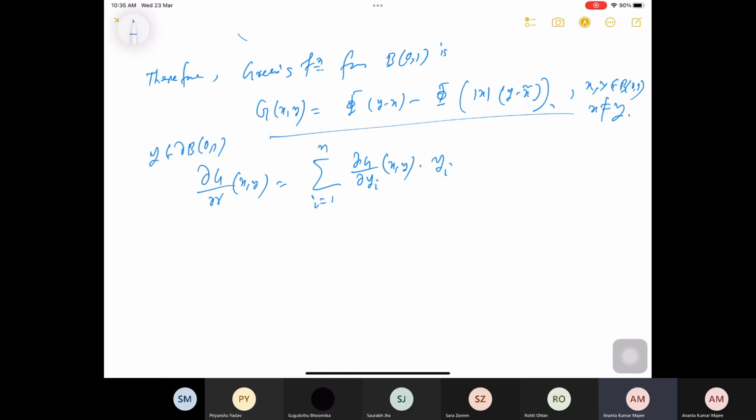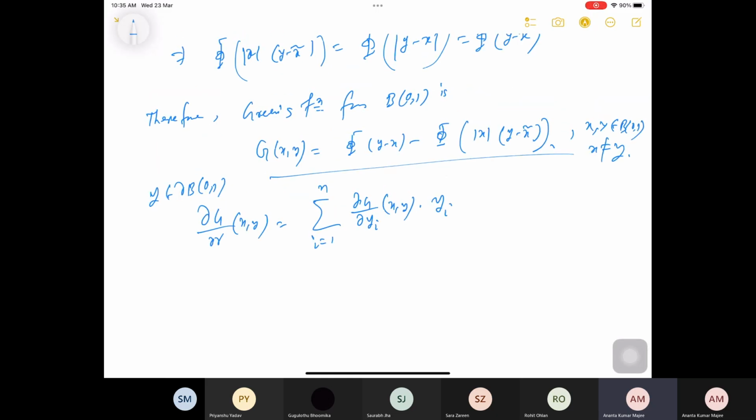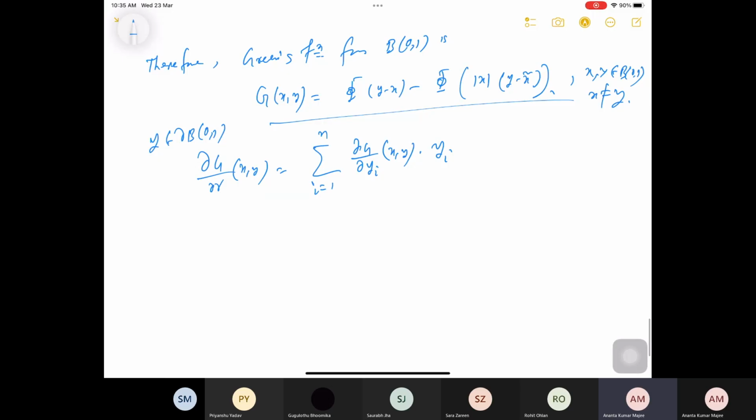You try to calculate this part by yourself. This is nothing else, because already we know it is in terms of phi, and we have the expressions for phi, so you can directly find out ∂phi/∂y_i and so on. If you calculate, it turns out to be this formulation: minus 1 by n alpha n, (1 − |x|²) by |x − y| to the power n.